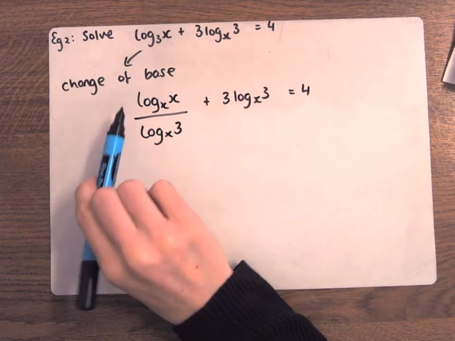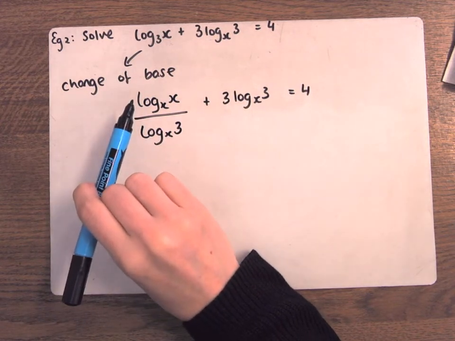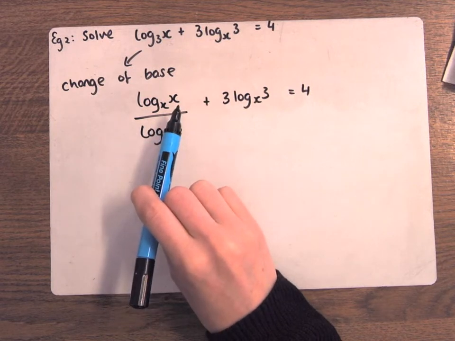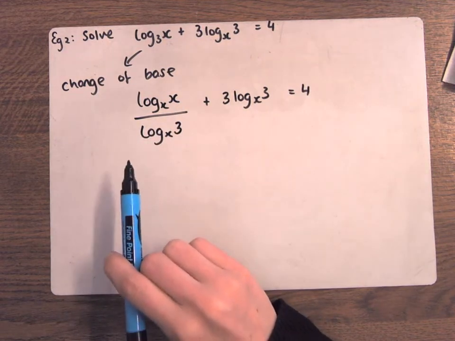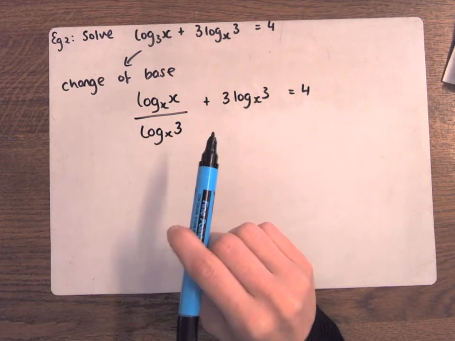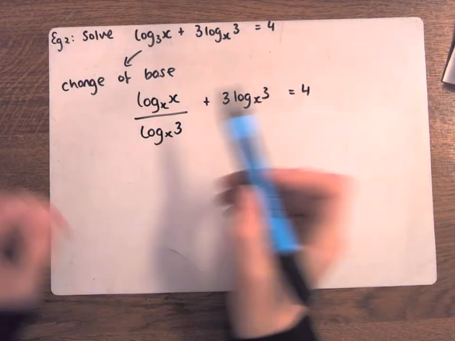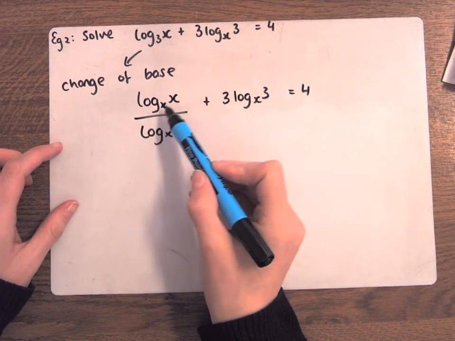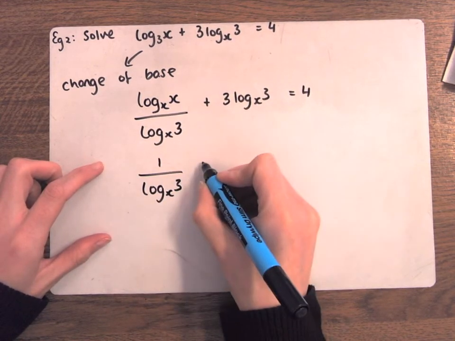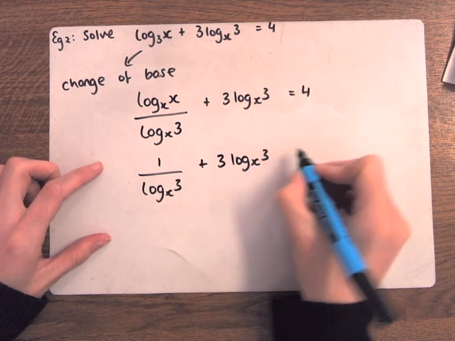Okay, what's log to the base x of x? 1. So that's 1 over log to the base x of 3 plus 3 times log to the base x of 3 equals 4.